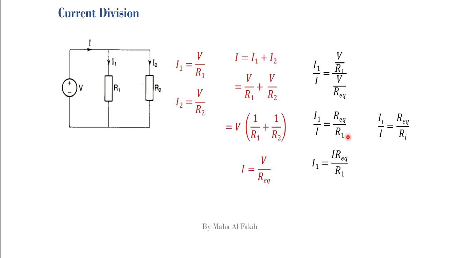In general, we can write Ii over I, the main current, is equal to R equivalent over Ri. So for resistor R2, i is equal to 2, so we will write I2 over I is equal to R equivalent over R2.